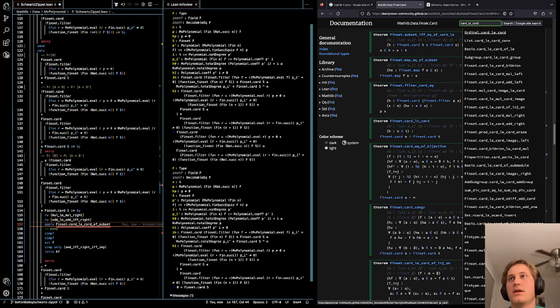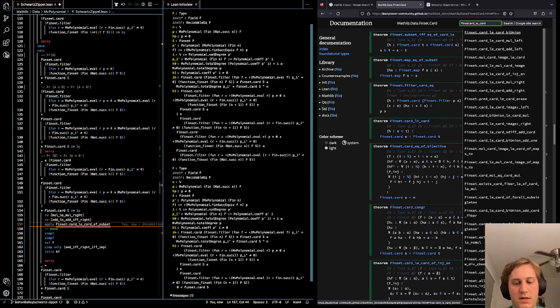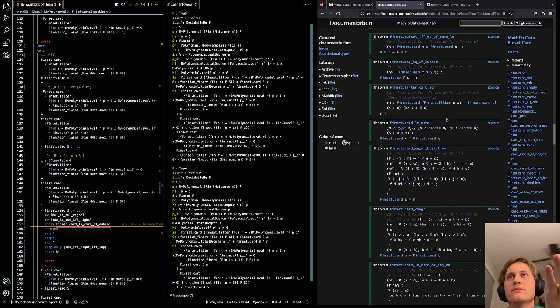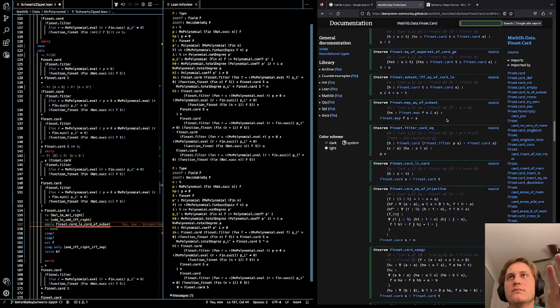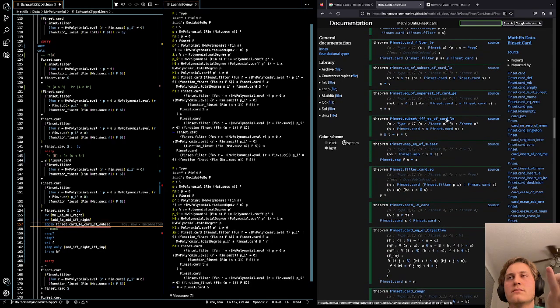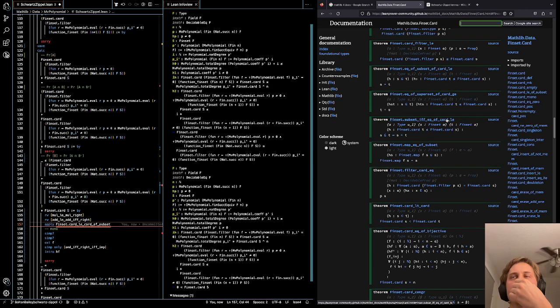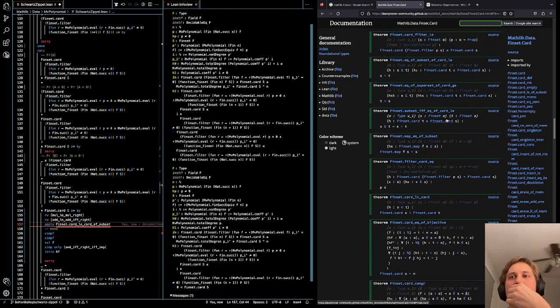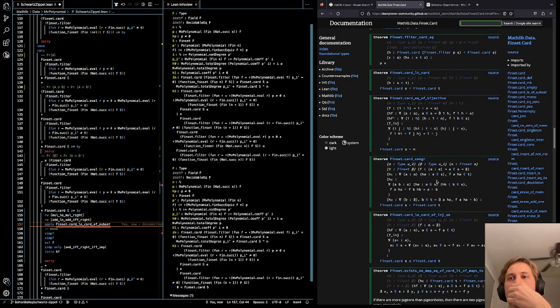Finset card LE. Can I get finset card LE card? Finset.card LE card? Is it not, the goal is that I'm trying to prove that the card is less than or equal to the card.